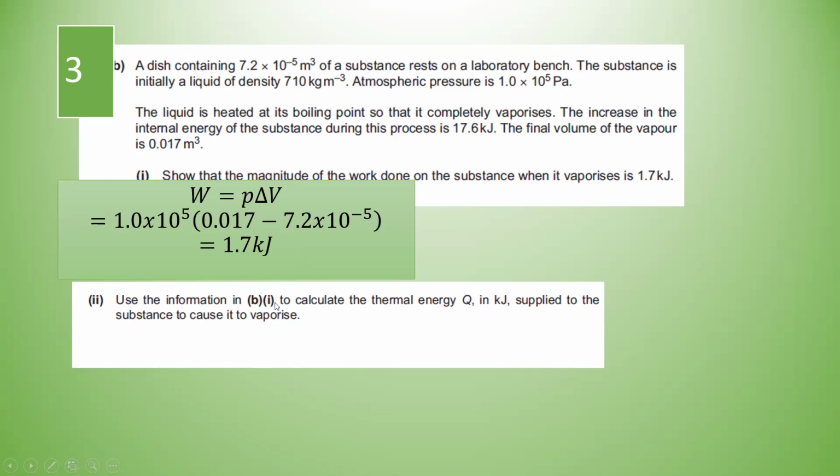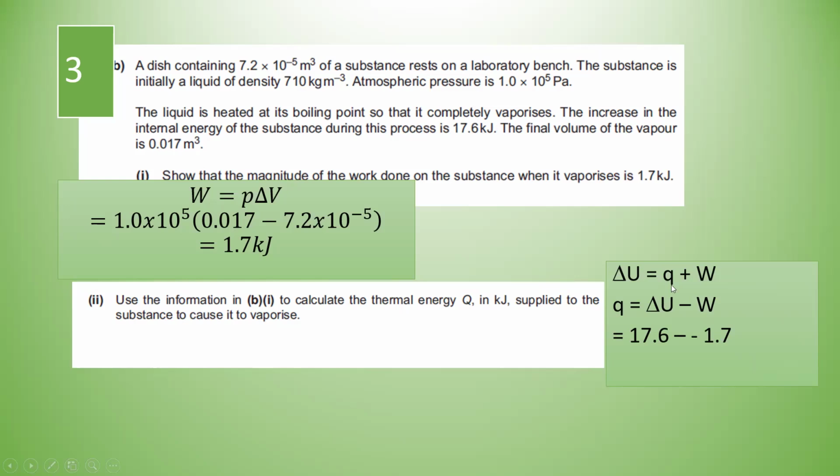Use your information in B part 1 to calculate the thermal energy Q in kilojoule supplied to the substance to cause it to vaporize. Go to your first law of thermodynamics. You want to calculate your Q, take your W over. 17.6, that's the internal energy.